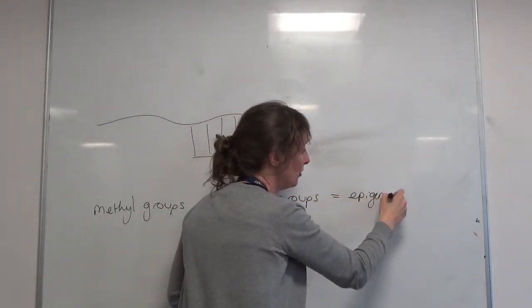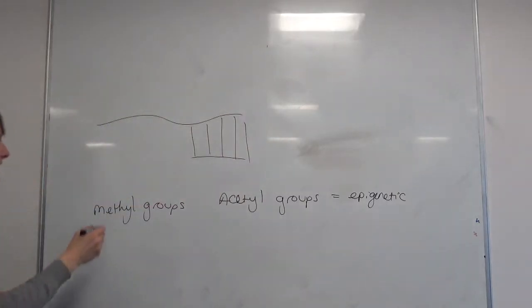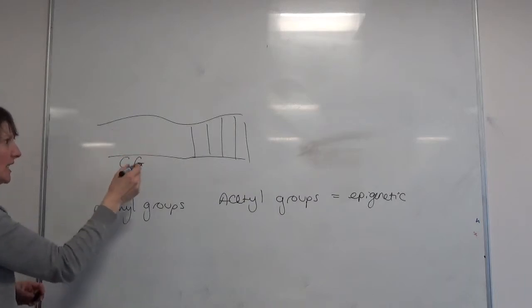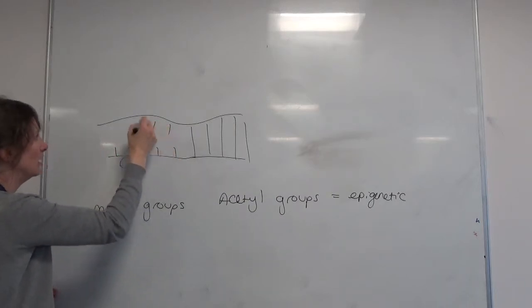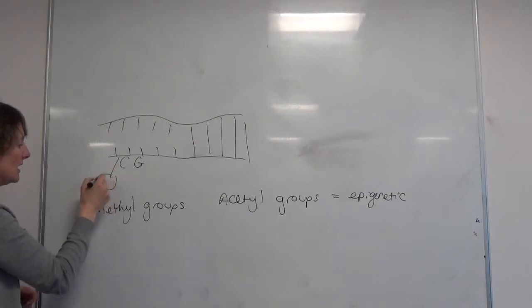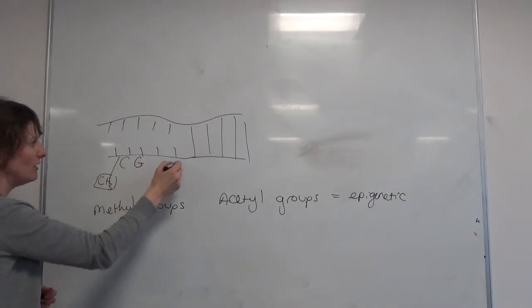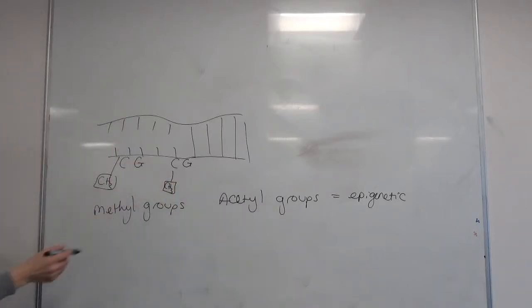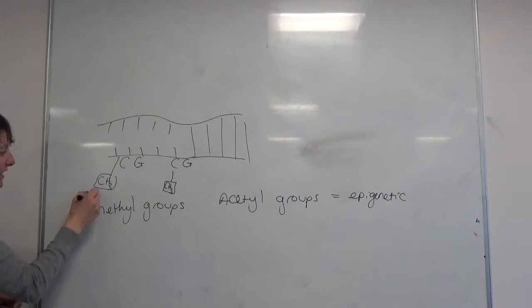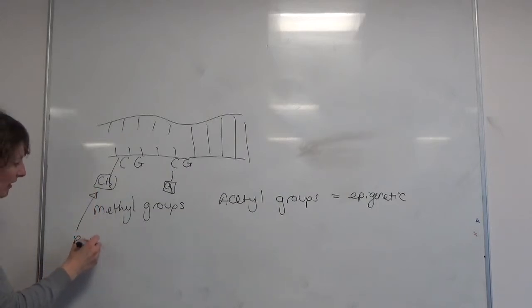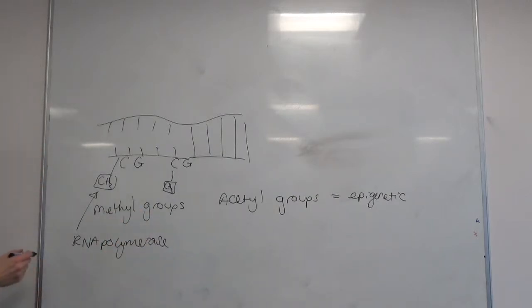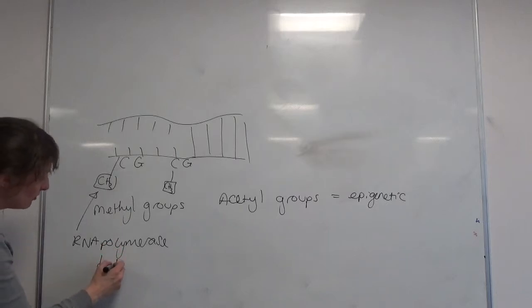that can bind to either the DNA, so methyl groups can be found between C and G bases in the DNA, and the methyl groups will attach in these regions anywhere where there's a C and a G, and because those are extra groups on the DNA, they make it very difficult for your RNA polymerase to get access to the promoter regions, so therefore you decrease your transcription.